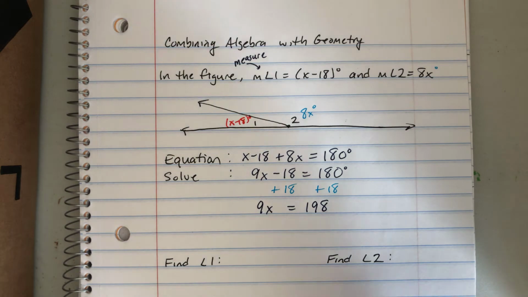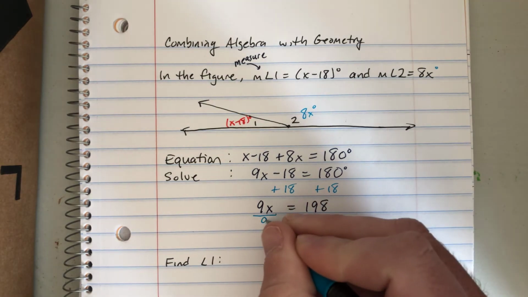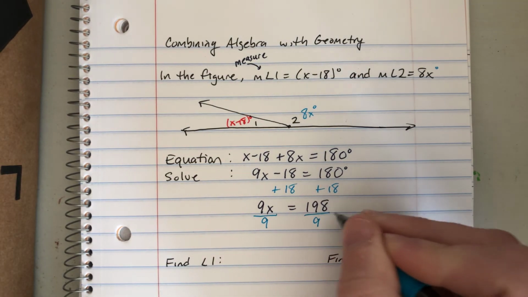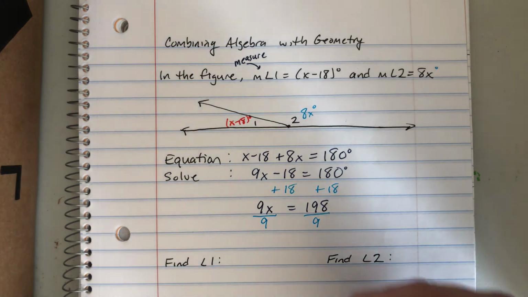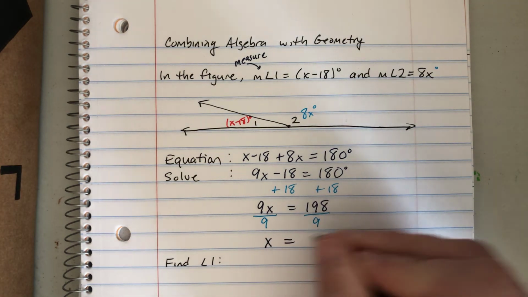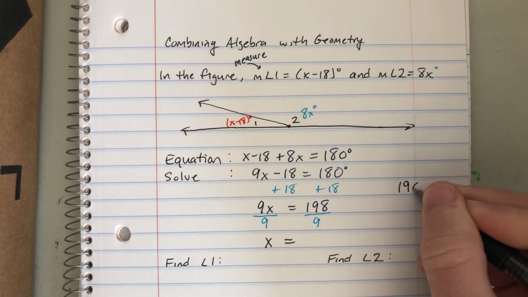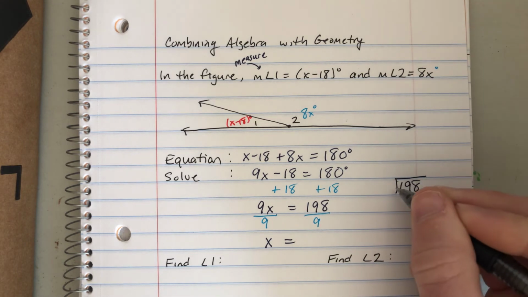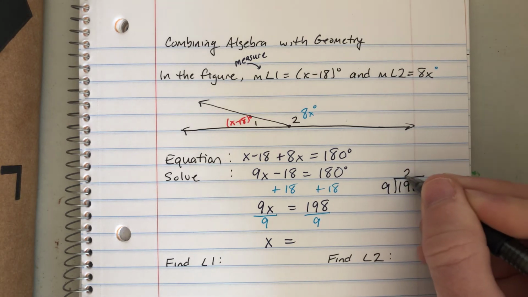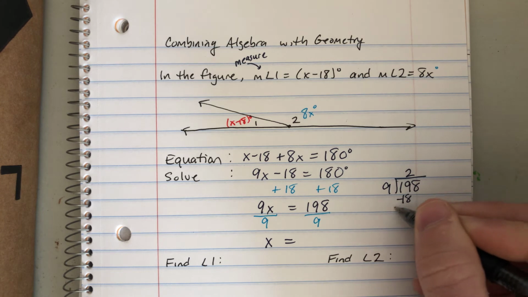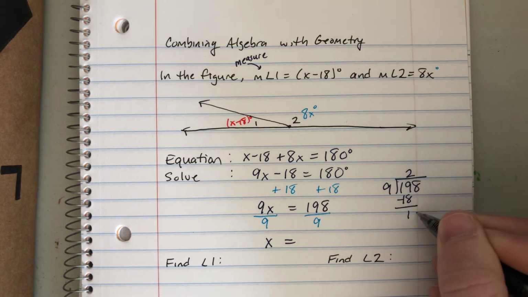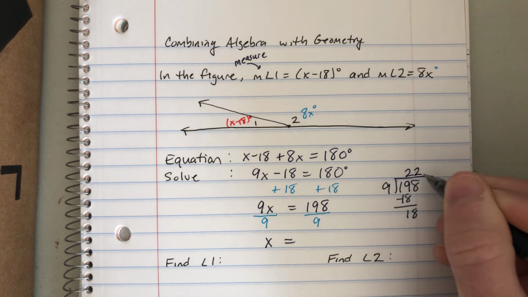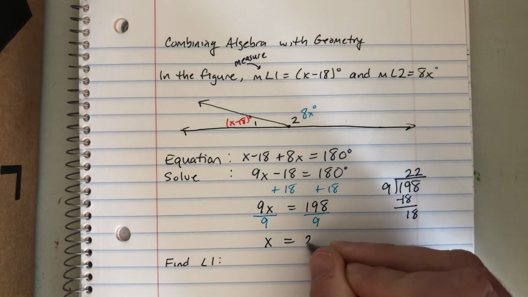And then the last step is to solve by dividing 9 on both sides. X will equal 198 divided by 9. A little long division for you. And we get 22.